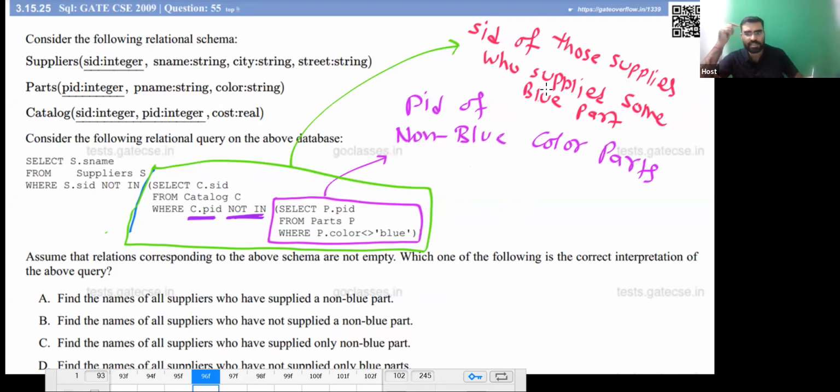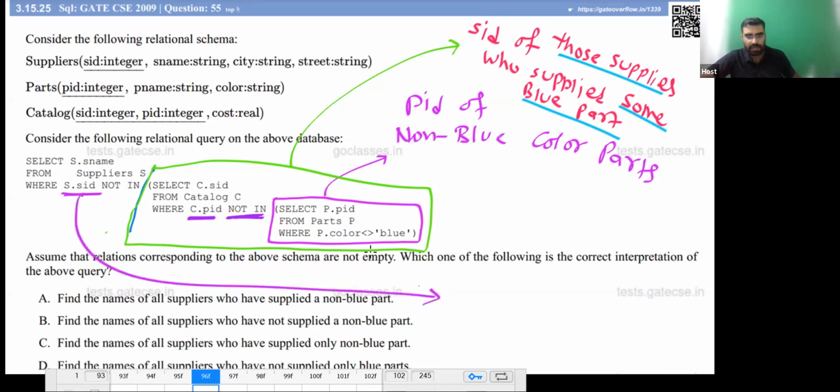Okay. After that, what is the next? Ultimately, I am interested in which SID? Which are not here. Yes or no? So those suppliers who supplied some blue part, I don't want them.